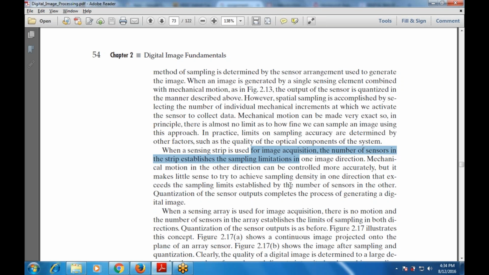The mechanical motion in the other direction can be controlled more accurately, but it makes little sense to try to achieve a sampling density in one direction that exceeds the sampling limit established by the number of sensors in the other. And the quantization of the sensor output completes the process of generating a digital image.